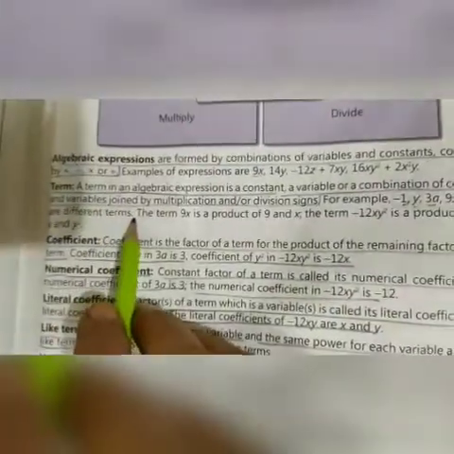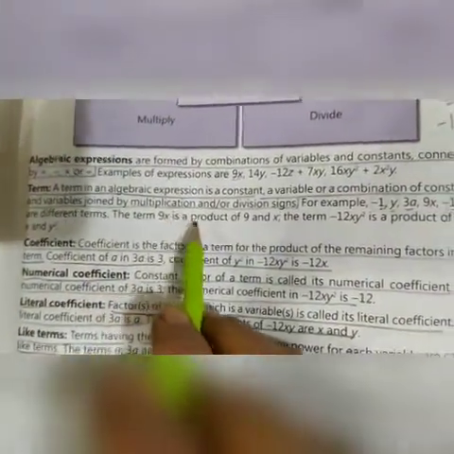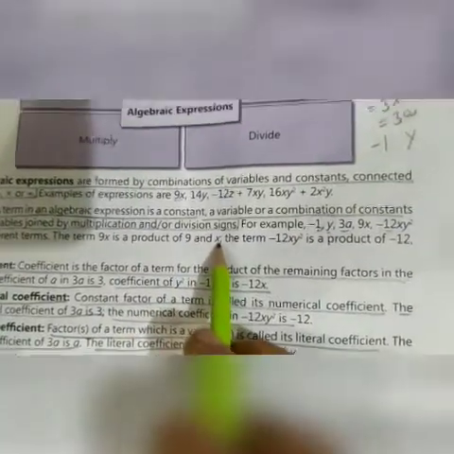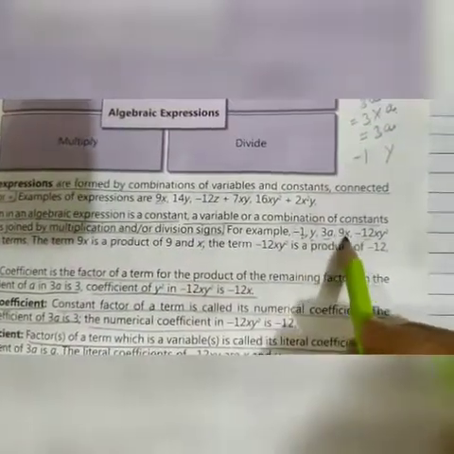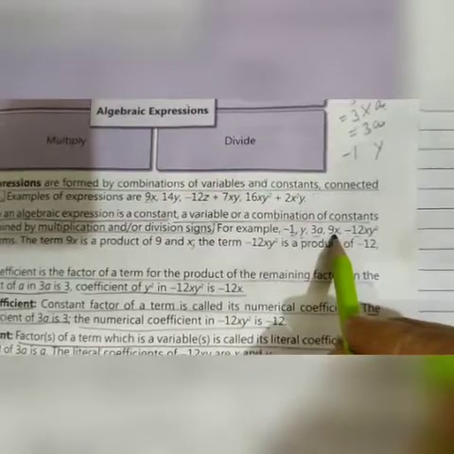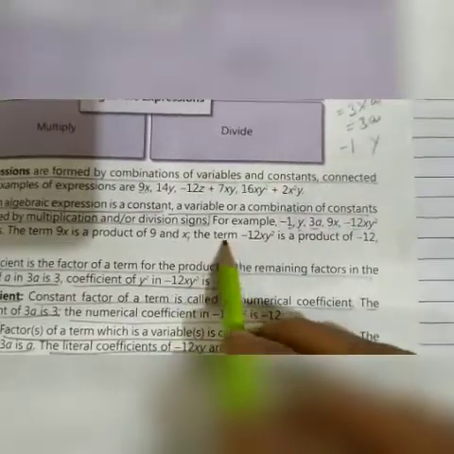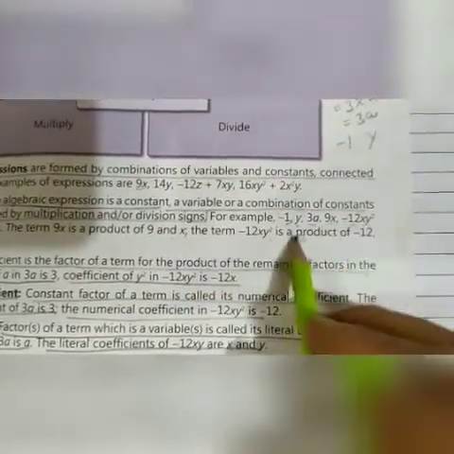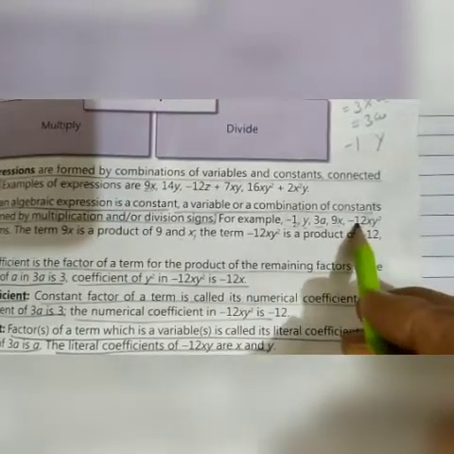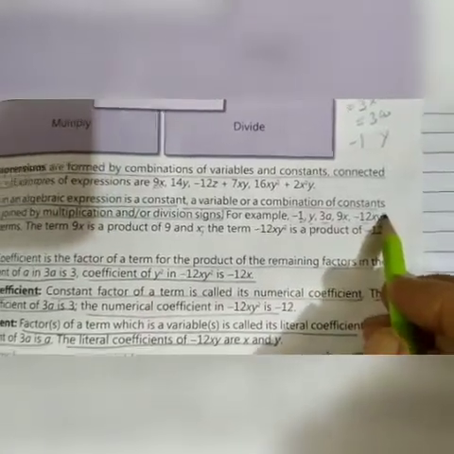The term 9x is a product of 9 and x. The term minus 12xy square is a product of minus 12x and y square.